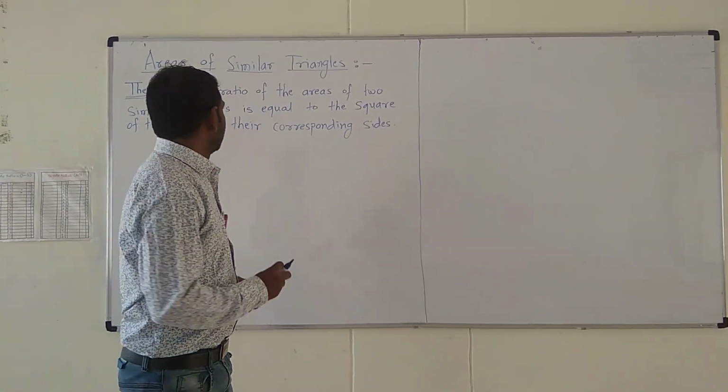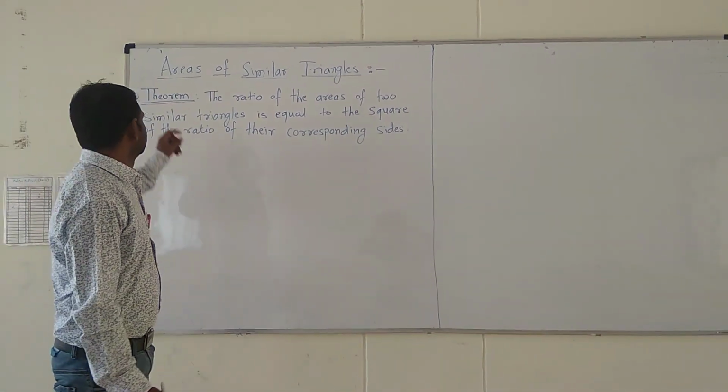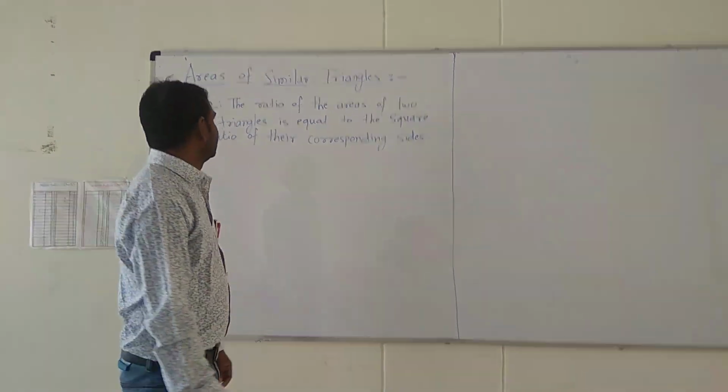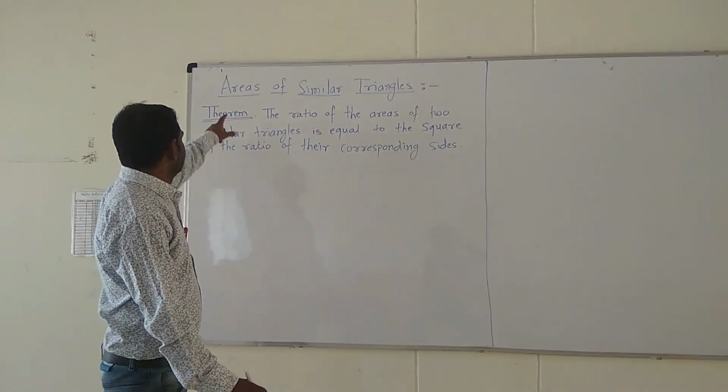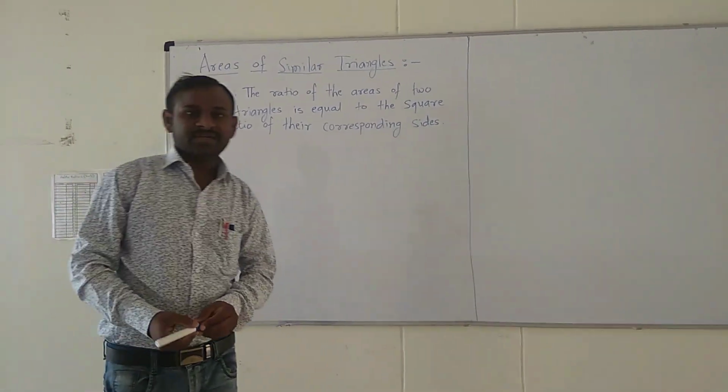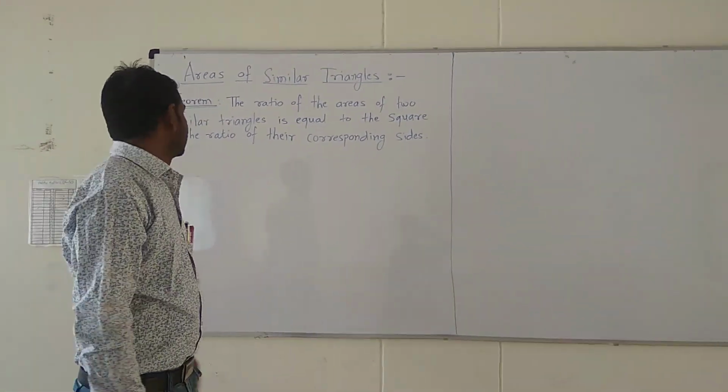Today, I am going to teach you the topic Class 10 CBSE Unit Triangle, and the subtopic is Area of Similar Triangle. In this unit, we have to learn the theorem.